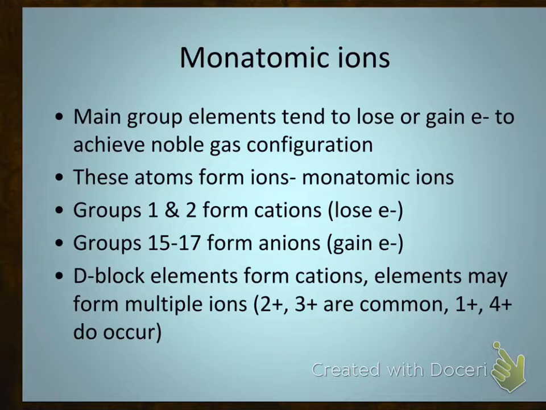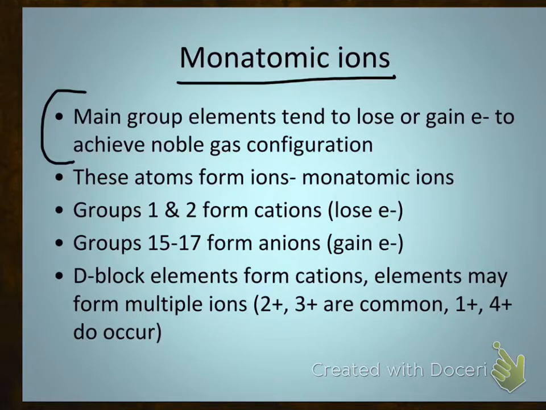Now, we're going to start off talking about simple ionic compounds that are made with monatomic ions. You know that mono means one, and monatomic ions are ions made up of a single atom. The main group, that's the S and P block, tend to lose or gain electrons to achieve a noble gas configuration, which you already know.